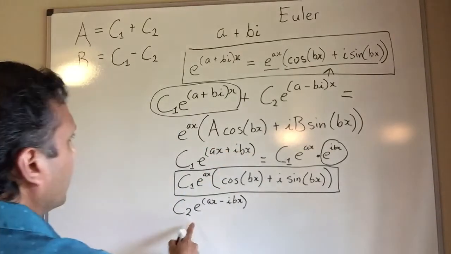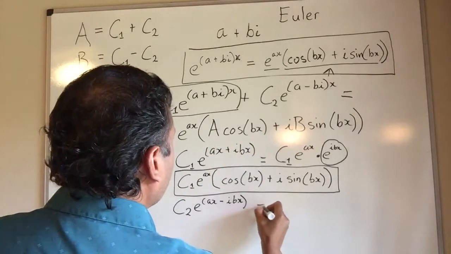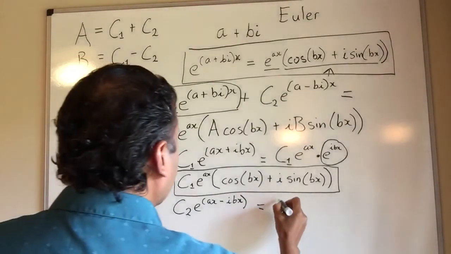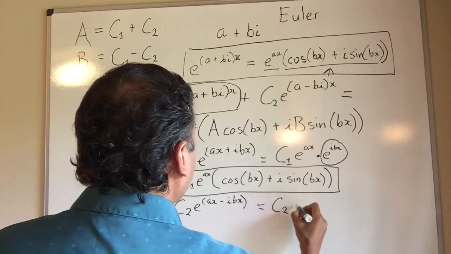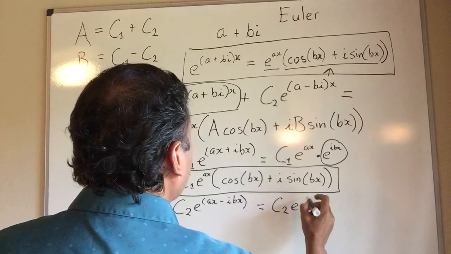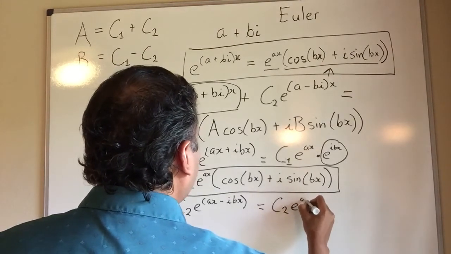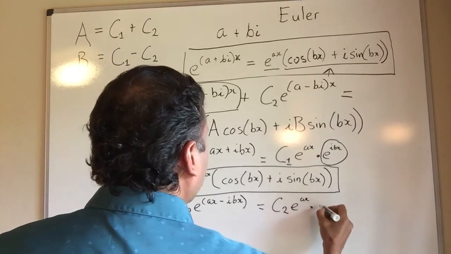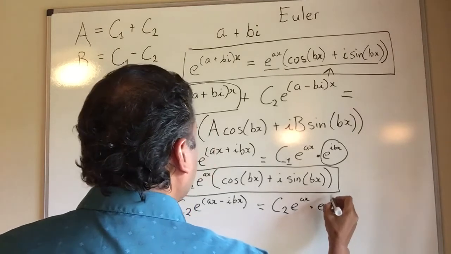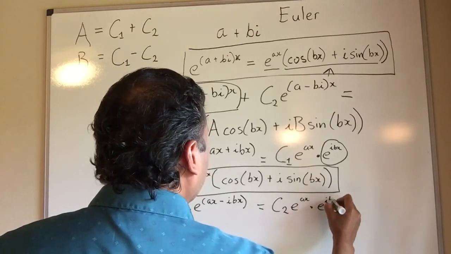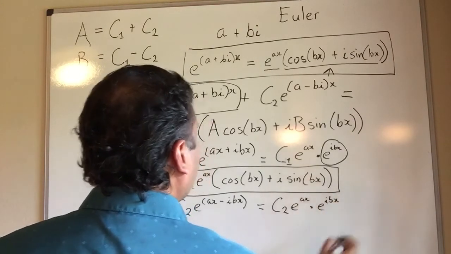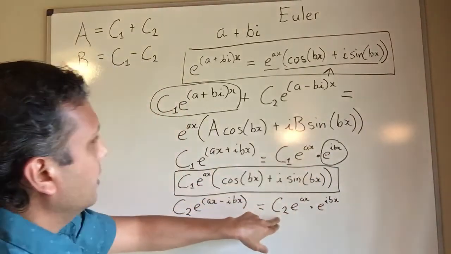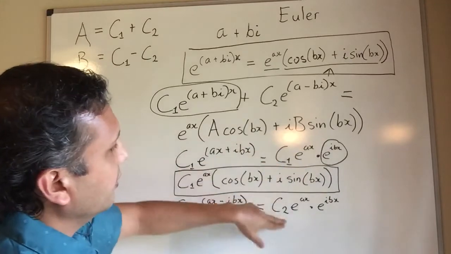Now, using the rules of exponents, I get C2 multiplied by e to ax times e to the minus ibx. So now I'm here at this step in the process.